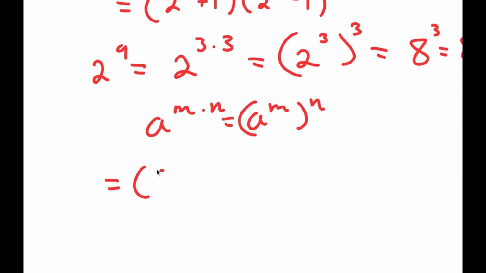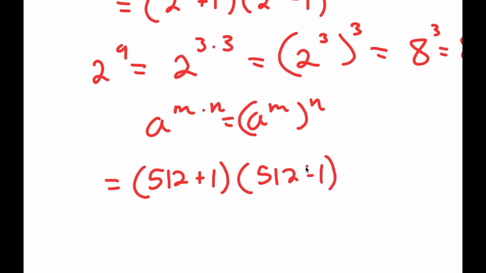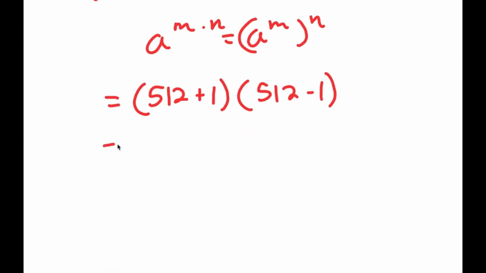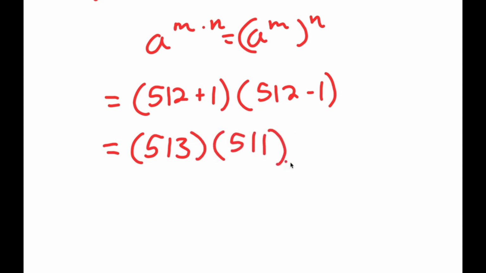So now I get 512 plus 1 times 512 minus 1. So 512 plus 1 is equal to 513. And 512 minus 1 is equal to 511. So I get 513 times 511.